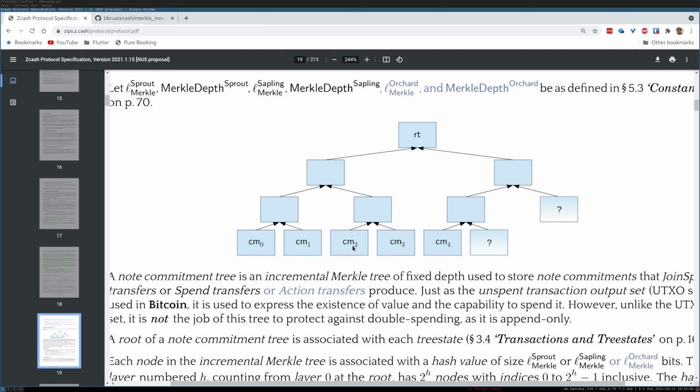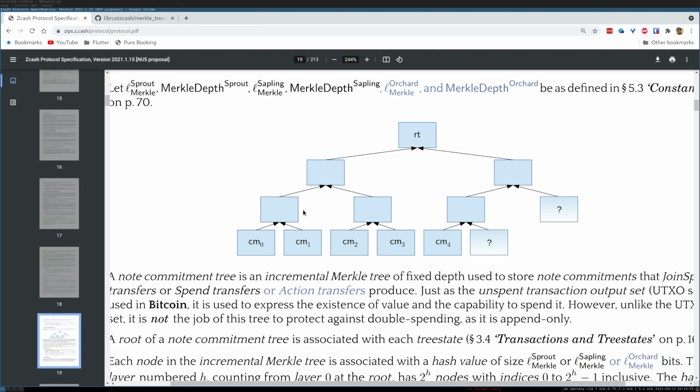So after you insert CM2, you will have left CM2, right none, and parent will be a vector of 1 element, which is this node. Right. Okay, so now what happens when you add CM3? You still have room, so you still can put right equals CM3, and nothing else has to change. Right. So again, to recap, you will have left CM2, right CM3, and parent this guy.